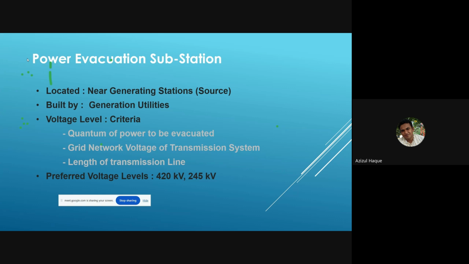That is decided based on different criteria: how much power has to be evacuated, in which grid network that power is to be fed, and the distance of the generating station from the grid. Considering all these factors, they decide the voltage level of the substation.